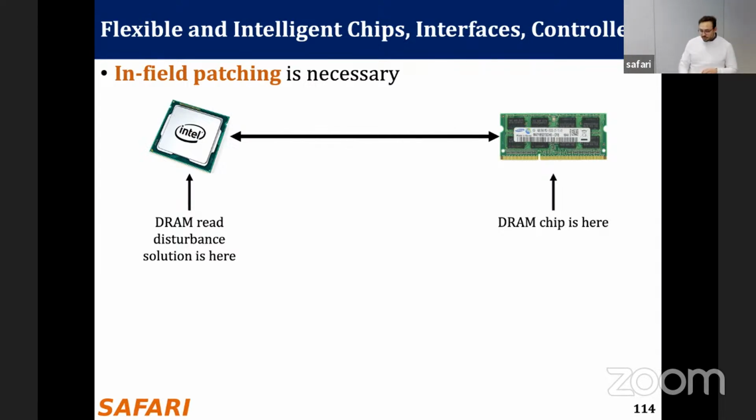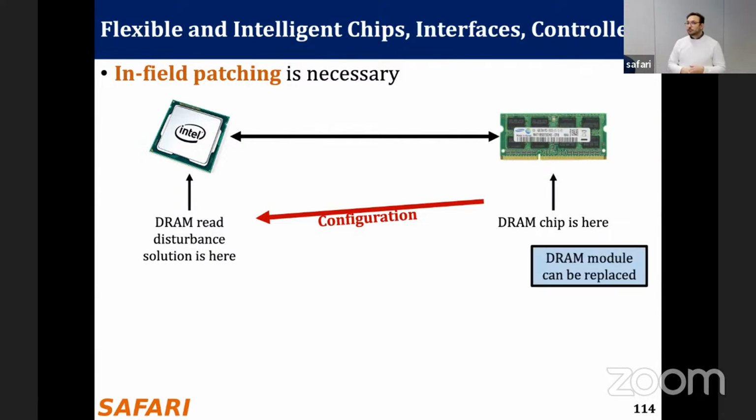And this is something that you can plug in and plug out, right? The thing is, you need to configure your DRAM read disturbance solution based on the characteristics of this DRAM chip. And you configure it in your fab as Intel, for example, or ARM or some other company. And you ship out your chips. And then the user just plugs out and swaps the DRAM module to another DRAM module. So it can be replaced anytime, right?